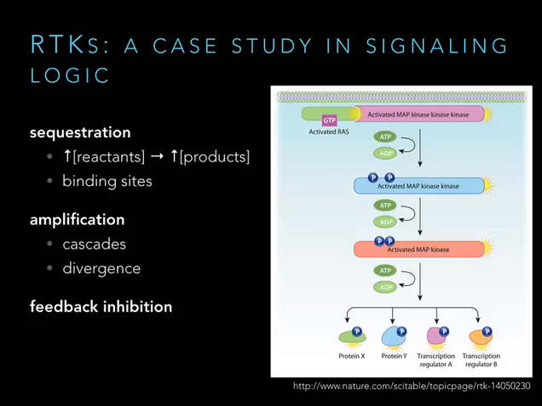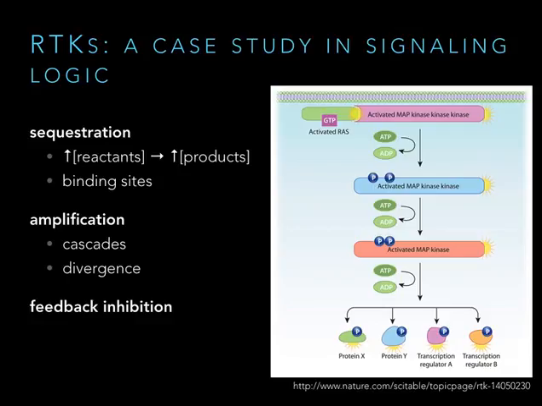Anyway, because each kinase can phosphorylate multiple targets, each one kinase creates many active kinases below it, and those active kinases then go activate many other kinases, so you get this amplification. You also get divergence of your signal, so each kinase is going to actually act on multiple targets, right?